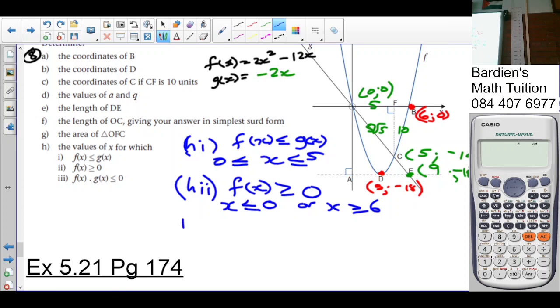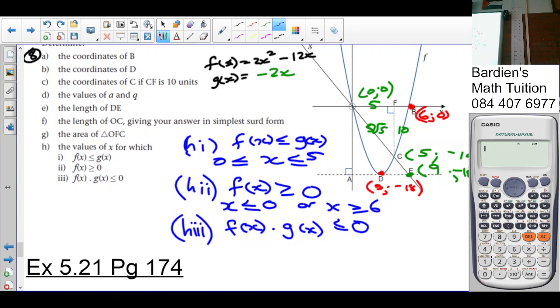Next one, with f of x times g of x less than or equal to 0. People, what does less than or equal to 0 mean? It means where the graph is negative.